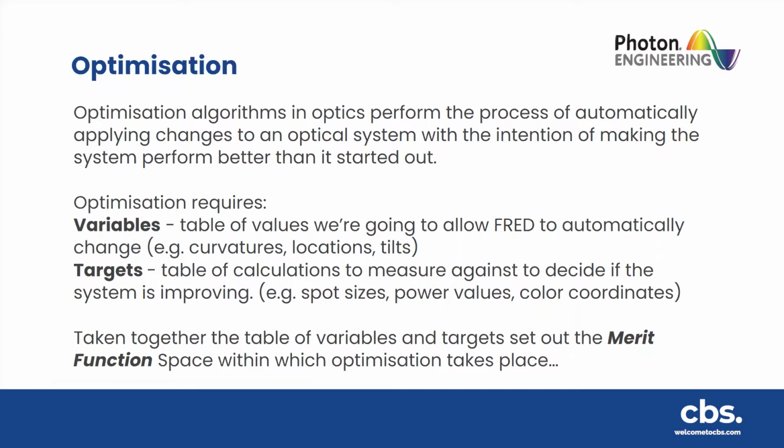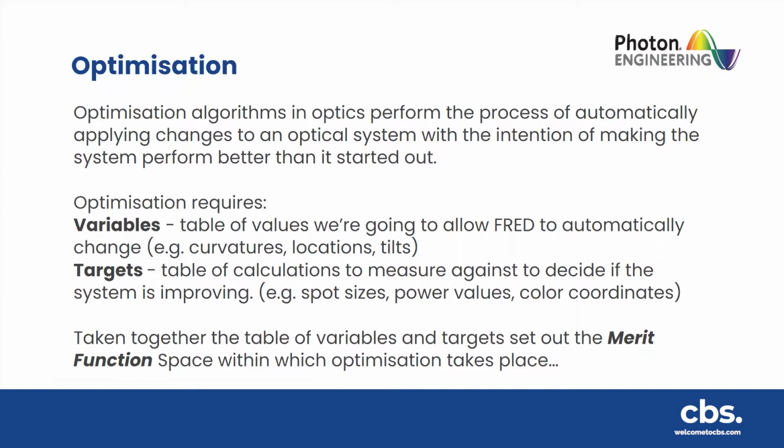And to optimize, we need a couple of things. We first of all need variables, and that is a table of things that the software is free to automatically change. So they include things like curvatures, locations of optics, tilts, anything like that. We also require targets. These are a table of calculations of things that we wish to measure to actually decide whether or not our system is getting better or getting worse.